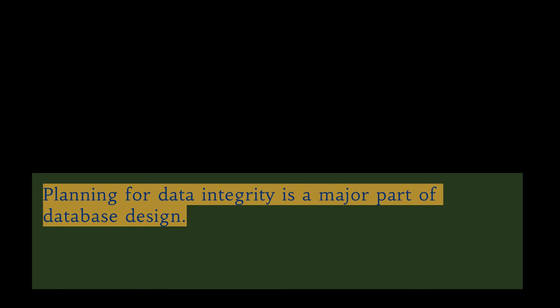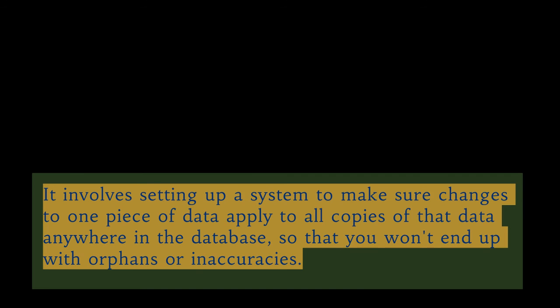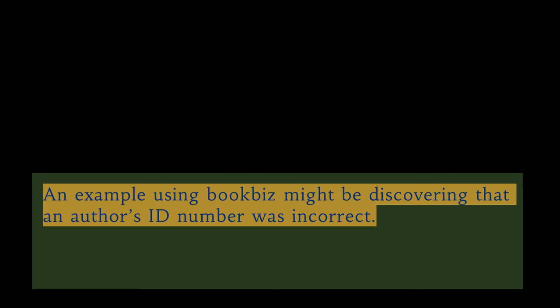Planning for data integrity is a major part of database design. It involves setting up a system to make sure changes to one piece of data apply to all copies of that data anywhere in the database, so that you won't end up with orphans or inaccuracies. An example using BookBiz might be discovering that an author's ID number was incorrect.